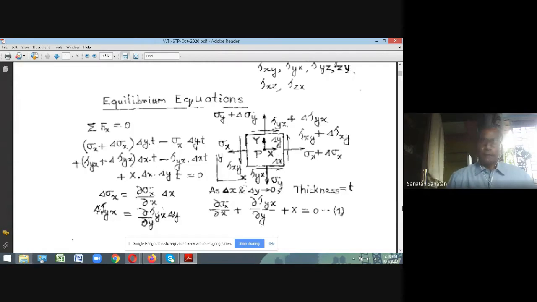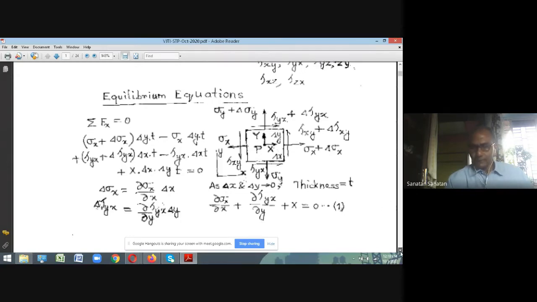So this gives you the rule of deformation in a sense, that this is the relationship that exists between the stresses for equilibrium in the x direction. So this governing equation gives you the involvement of all the stresses acting in the x direction. So this is equation number 1.